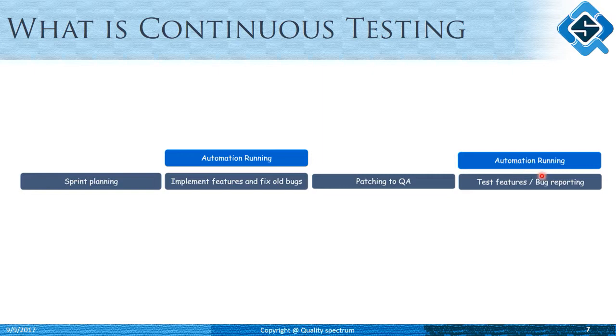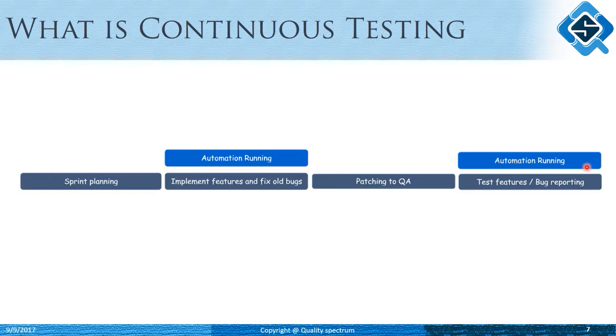Now similarly, when the testing cycle begins, the testers do not have time, again as we talked earlier, to go through a complete regression, and so that's where automation would come in, and they can leverage the automation scripts and plan their testing keeping in mind the results coming out from the automation.